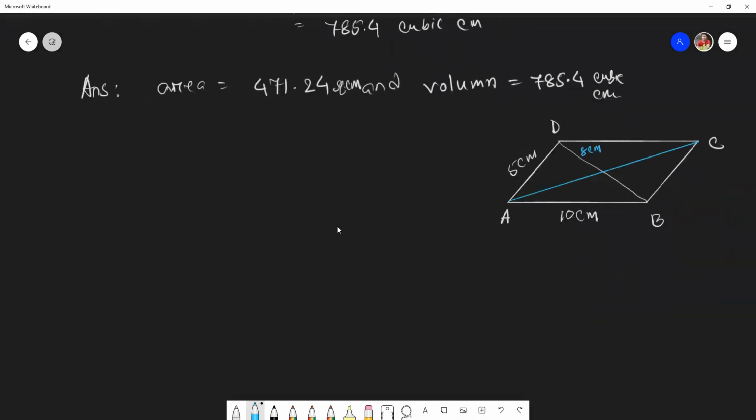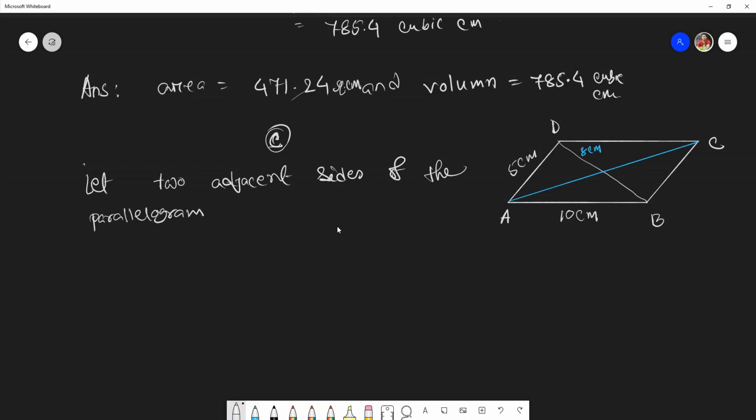Number C. Let the two adjacent sides of the parallelogram be a and b.